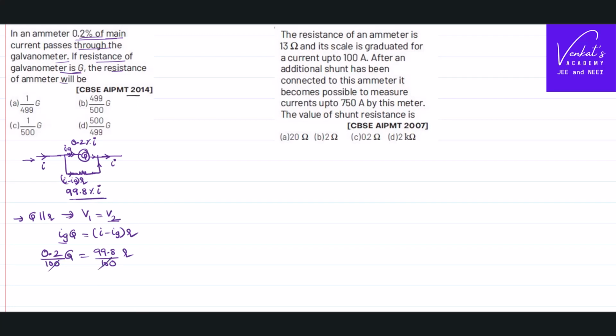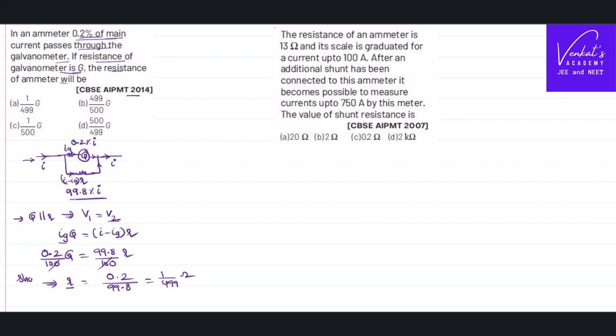This 100 and 100 will cancel. This implies the shunt resistance is G times 0.2 by 99.8, that is 2 by 998, that is G by 499 ohms. That is the shunt resistance.